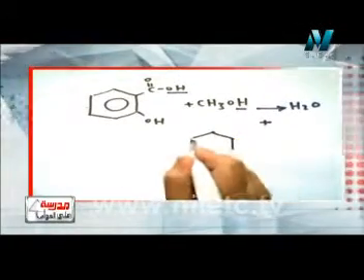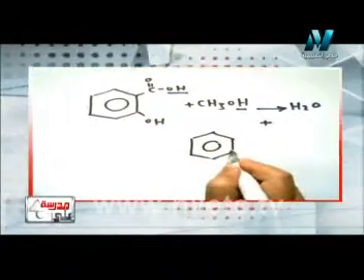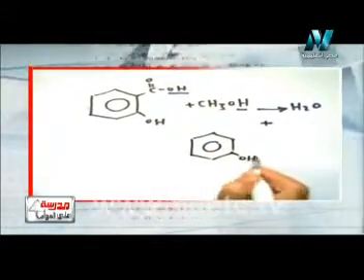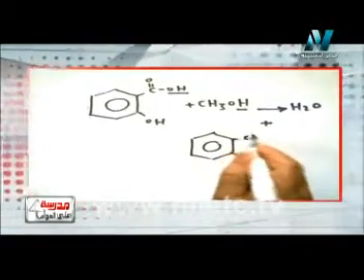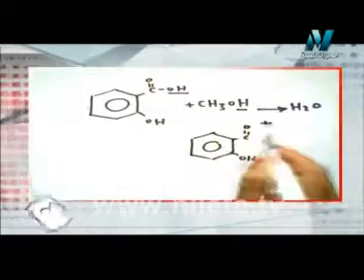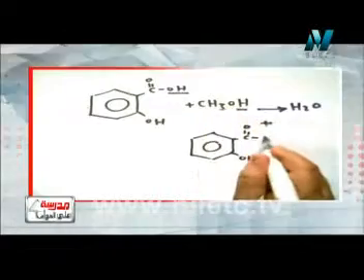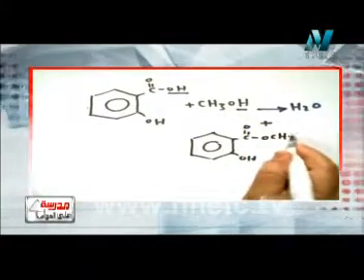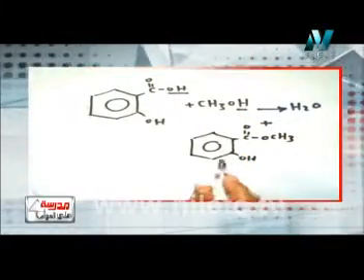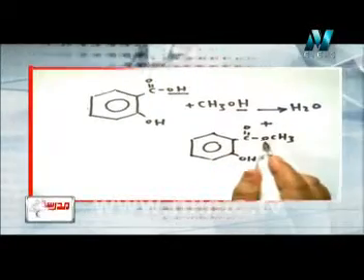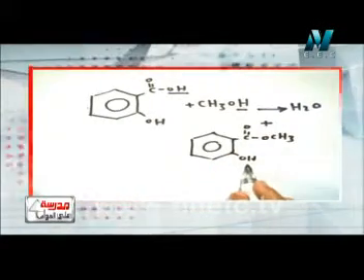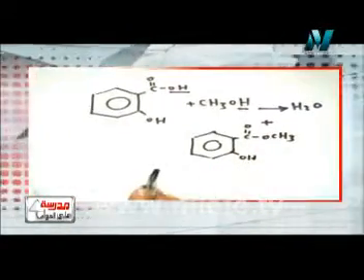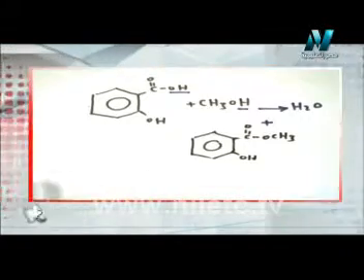Then the reaction occurs between the parts of the acid: C double bond O, O, CH3, and OH. It is the ester. We said how to get the name of the ester.